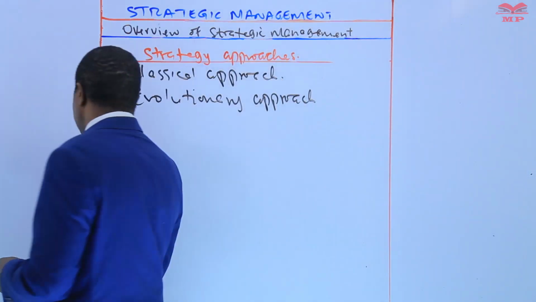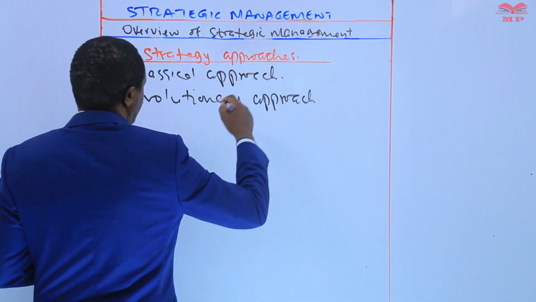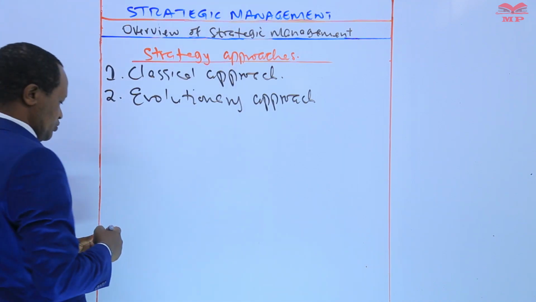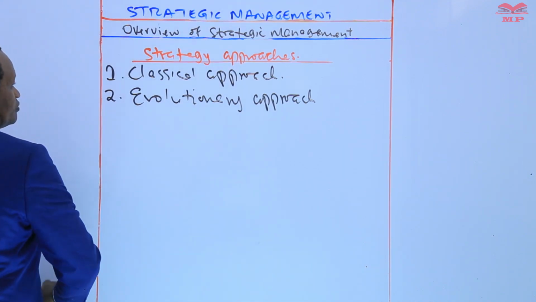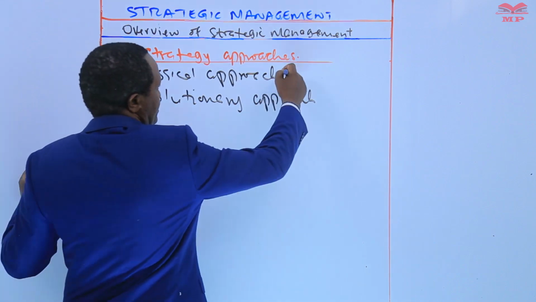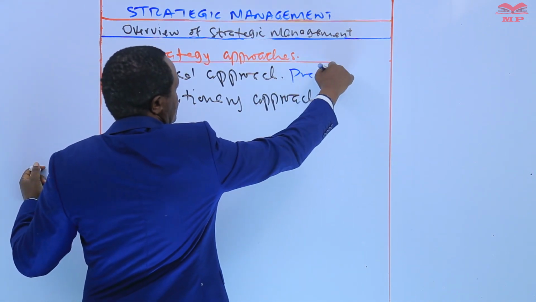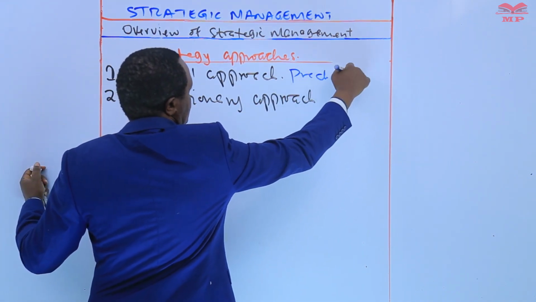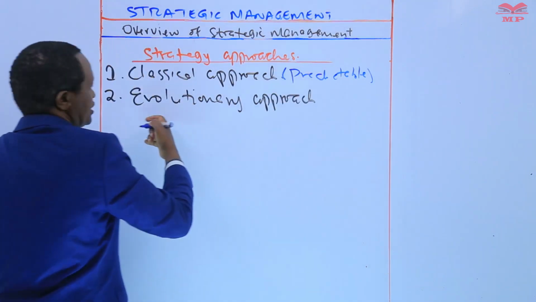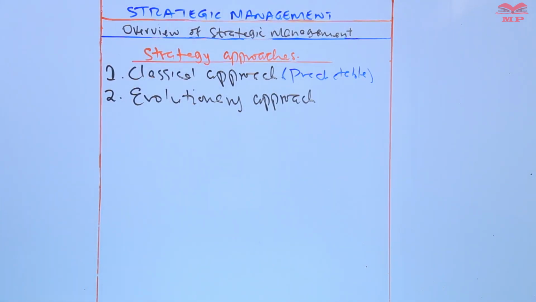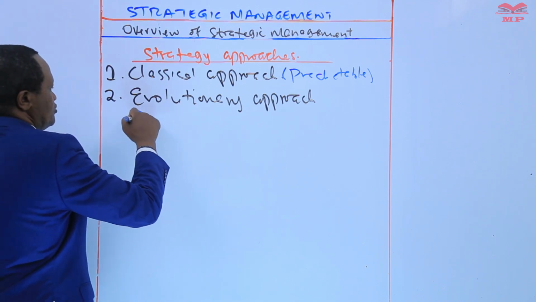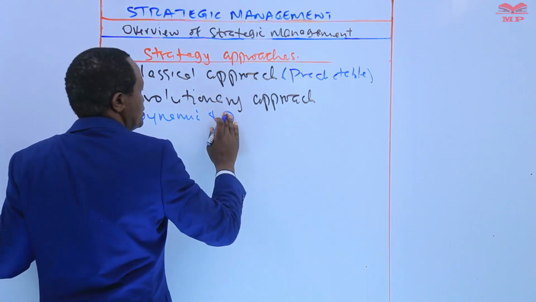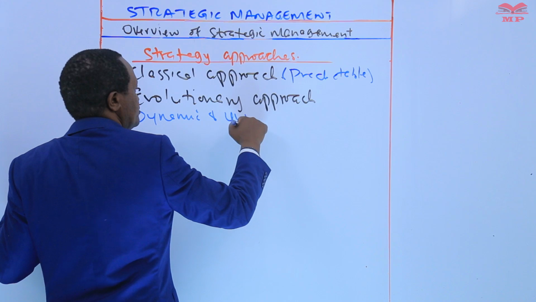You recall this one, we say that is suitable for environments that are predictable. Whereas the evolutionary approach is suitable or well suited for dynamic and unpredictable environments.